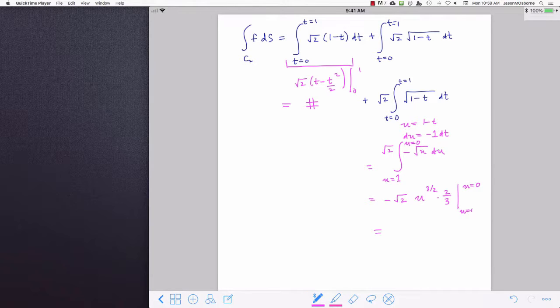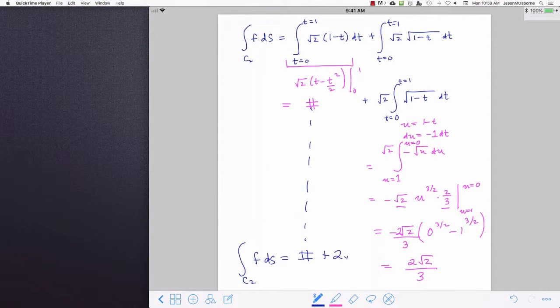Which will give you, when you plug in, negative square root of 2 over 3, getting all the constants combined, times 0 to the 3 halves minus 1 to the 3 halves, which is equal to 2 square root of 2 over 3. So the integral along that second curve of f ds is just equal to whatever number you got from above plus 2 square root of 2 over 3.